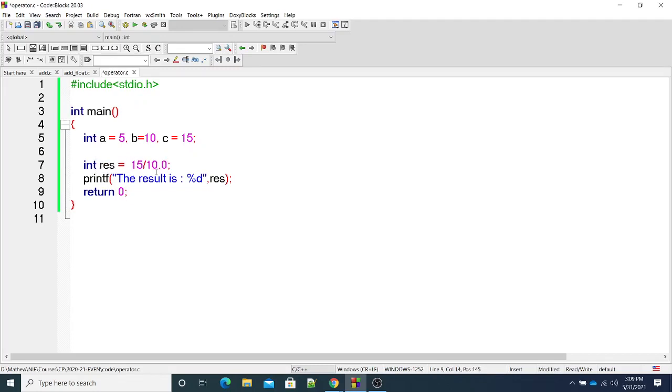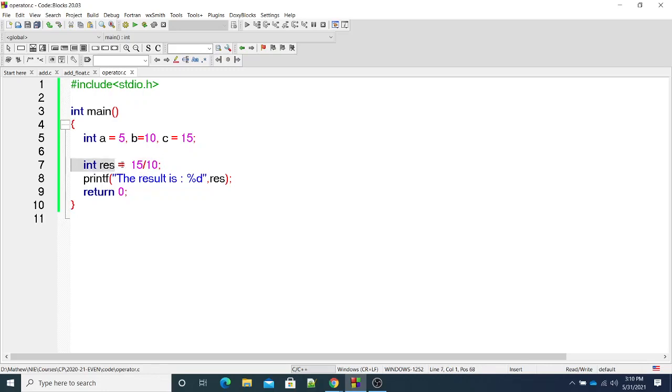So in this case, the result evaluated is 1.5. That is consistent with what I told you earlier. But since I am assigning that result to an integer variable, again that data is lost and it is truncated to 1. So here is the basic principle, whatever may be on the left hand side.